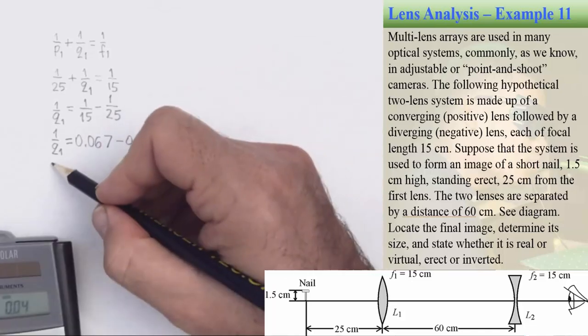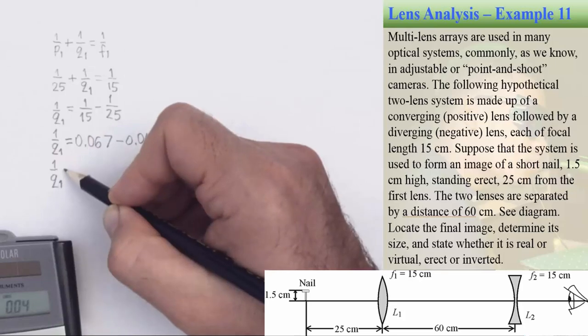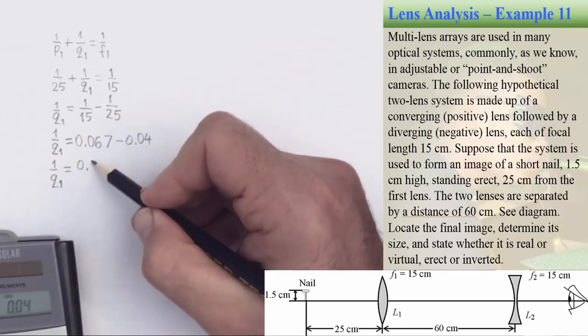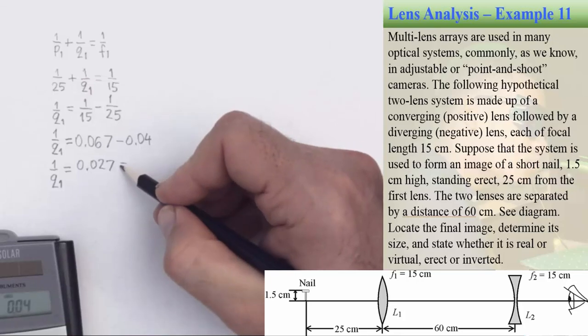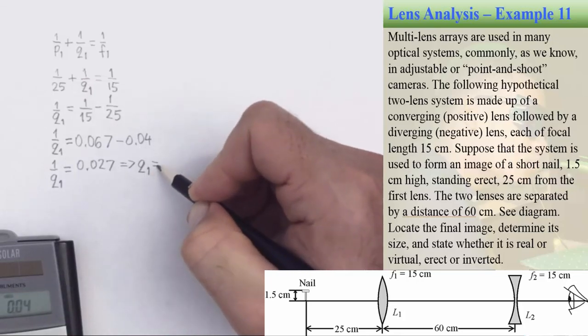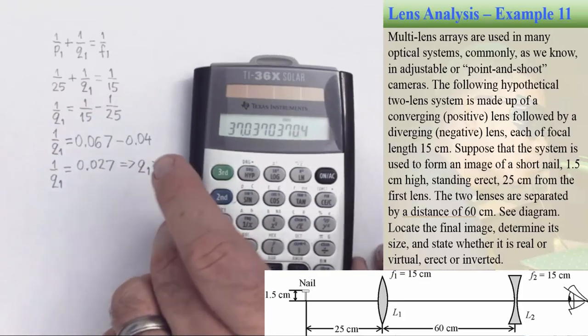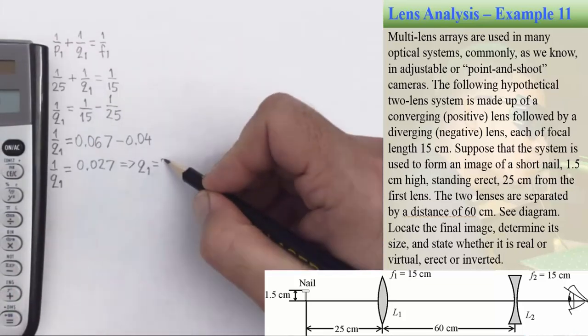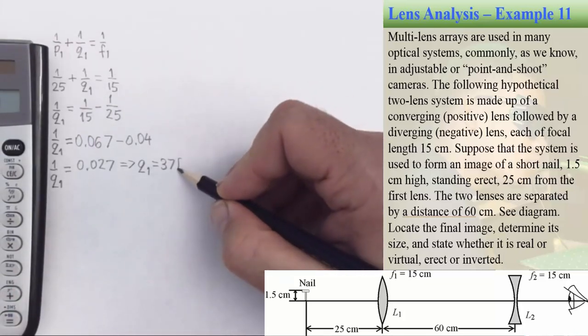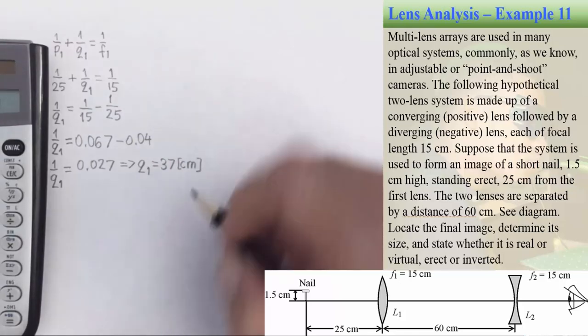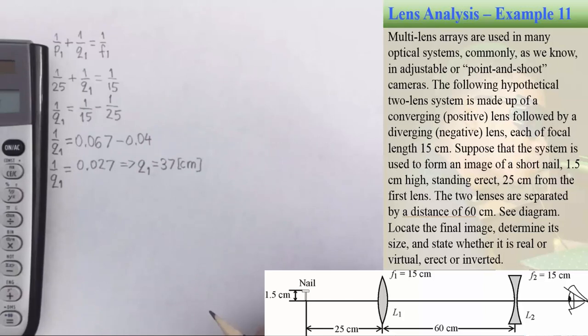So if we subtract these two numbers, we got for 1 over Q1 0.027, or for the Q1, the value for the Q1 is, so 1 over 0.027 gives us the value of about 37 centimeters. Obviously your result may be slightly different from my result based on how much you rounded the numbers during the math procedure.